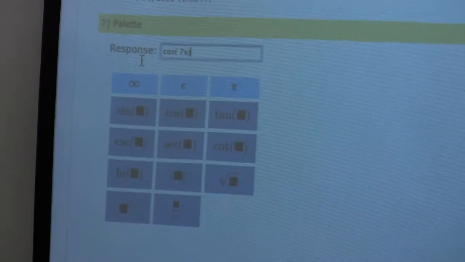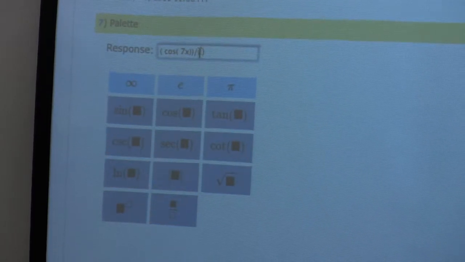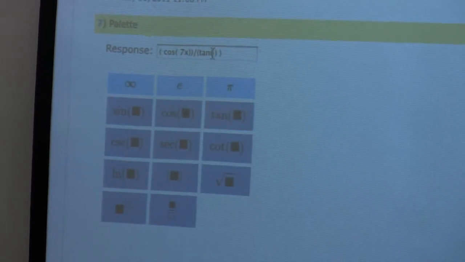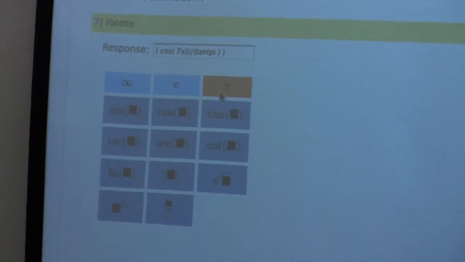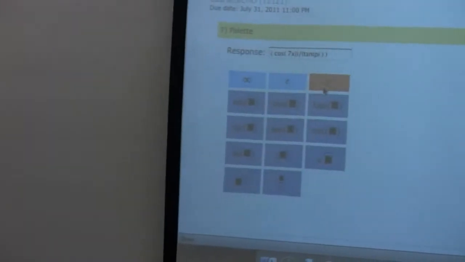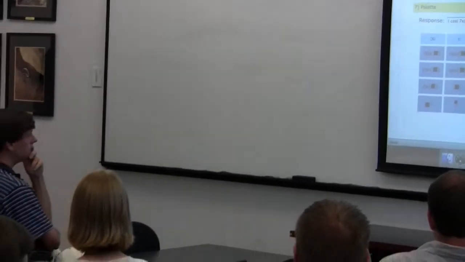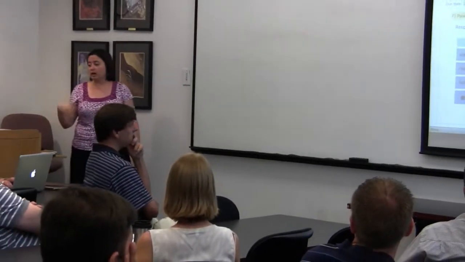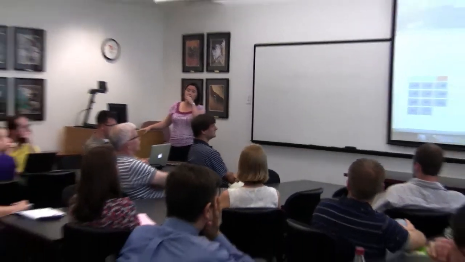I can divide that by, say, the tangent function, maybe the tangent of pi. So we can ask students to answer these questions in a way that's a little bit easier for them, more calculator-like, without requiring them to type by hand the cosine, all of the parentheses, the tangents, and use the appropriate syntax.